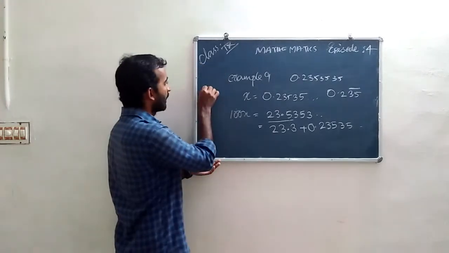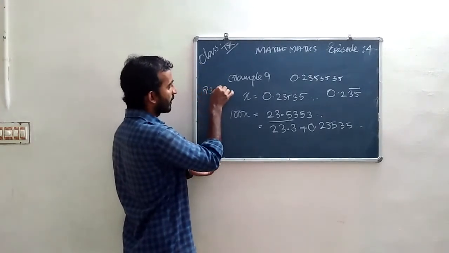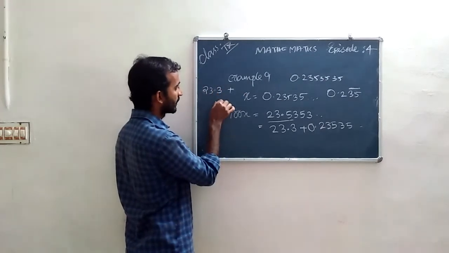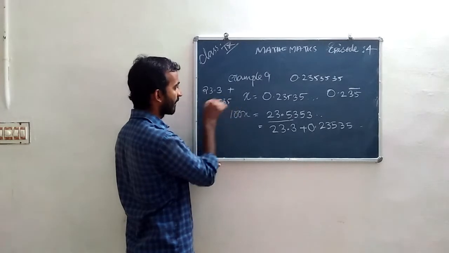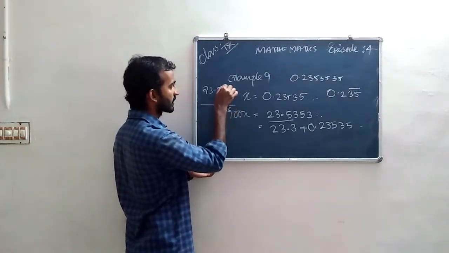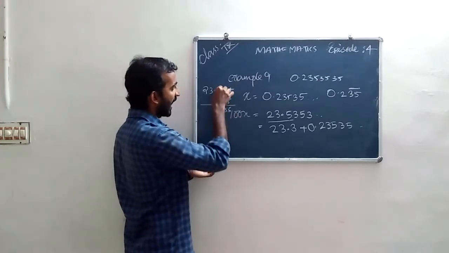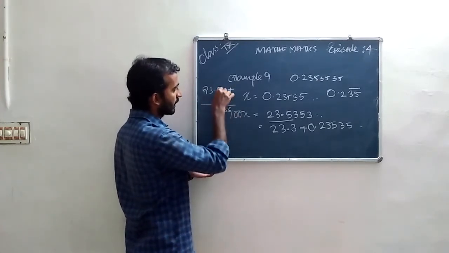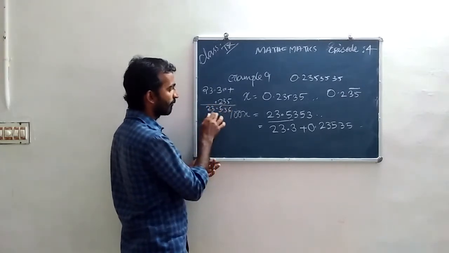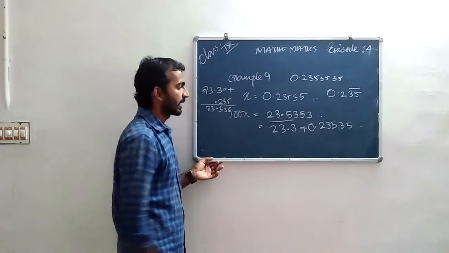That is, 23.3 plus 0.235: we get 3553, with zeros, 35, and 3 plus 2 we get 5. That is 23.535, which is the answer.